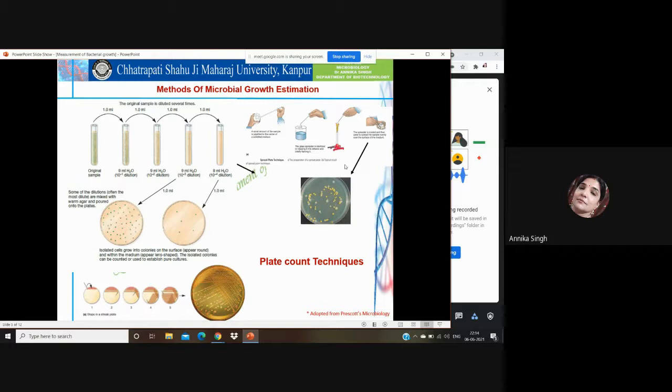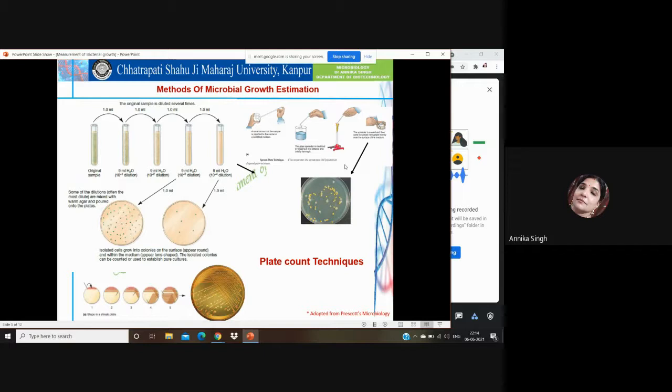It is assumed that the last tube in the dilution series that demonstrates growth was inoculated with between 1 and 10 cells, and the next tube had between 11 and 100 cells, and so on. And if no growth is observed, then the tube is assumed not to have received any cells.